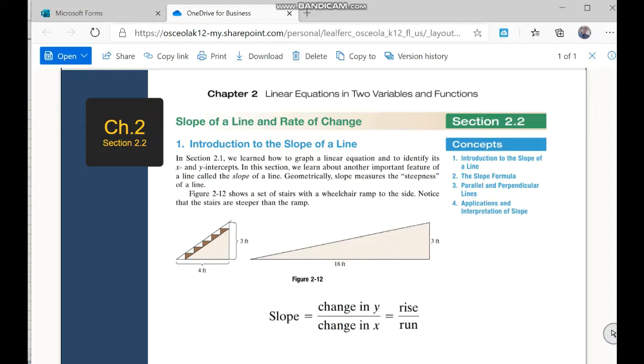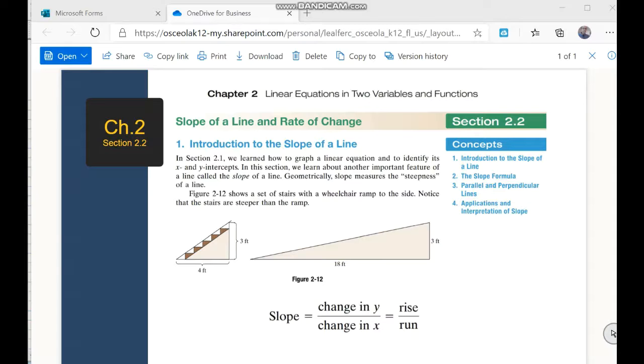The slope is of a lesser value, and is easier to climb, right? If you have people in a wheelchair, they're going to prefer to go over the ramp instead of going over the stairs.